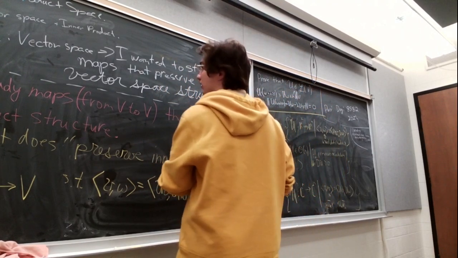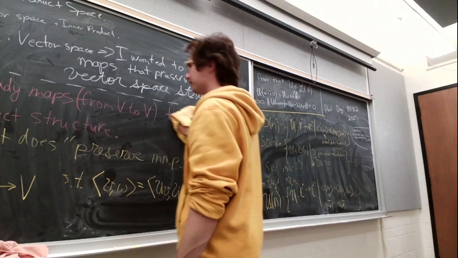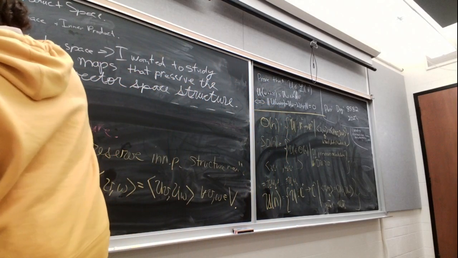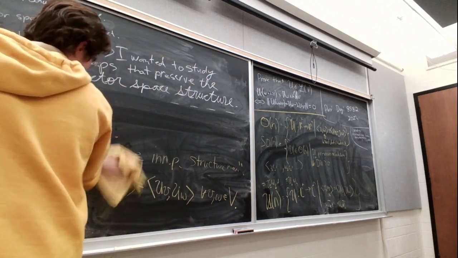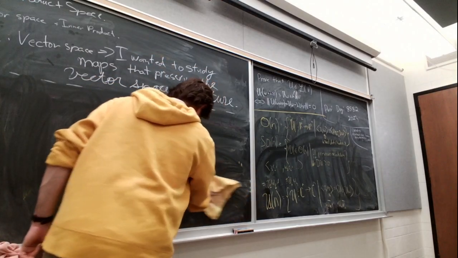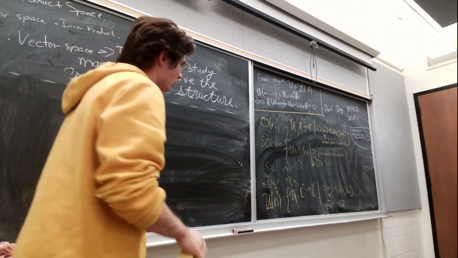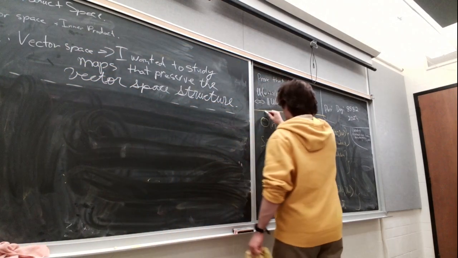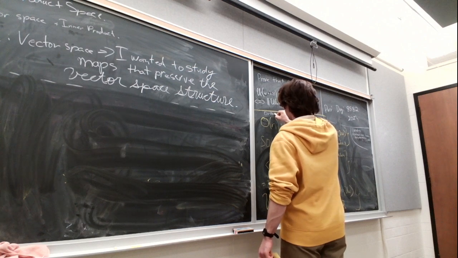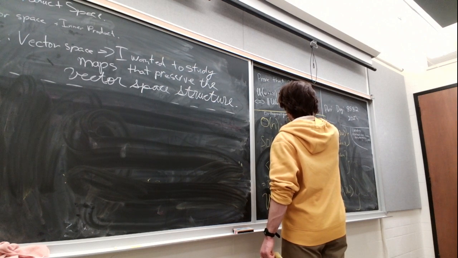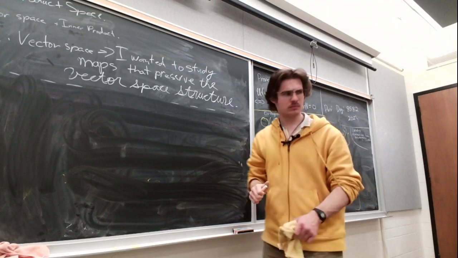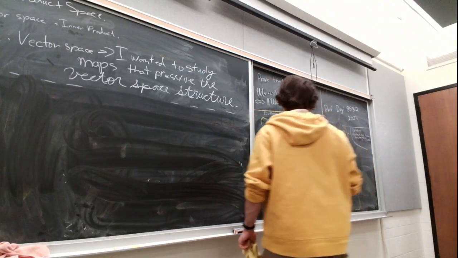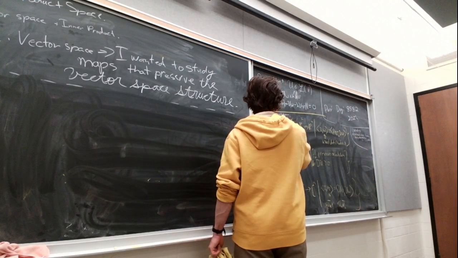I will now erase this board. So what names did you have? ON was the orthogonal group. SON is the special orthogonal group.